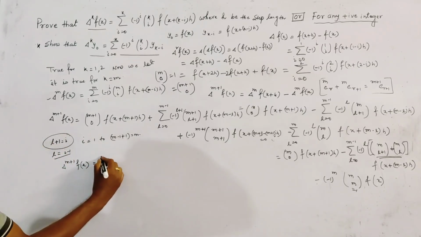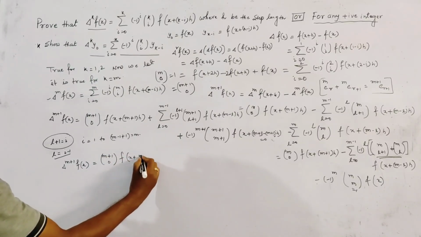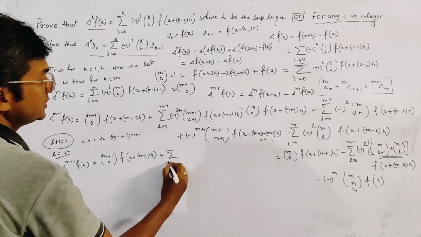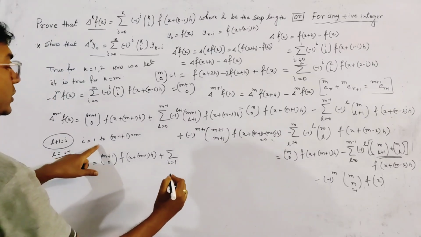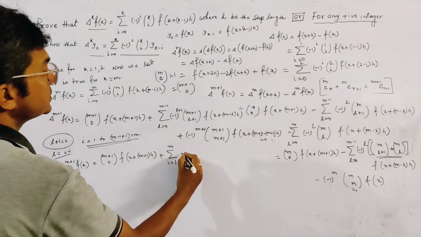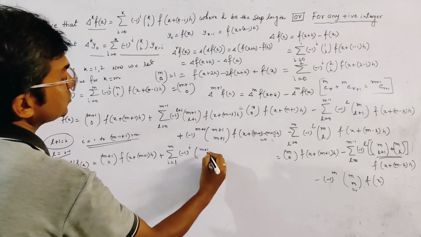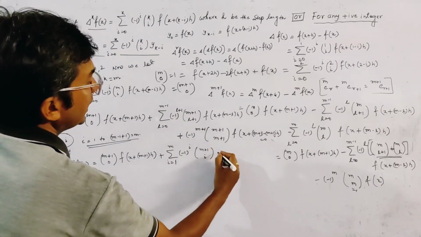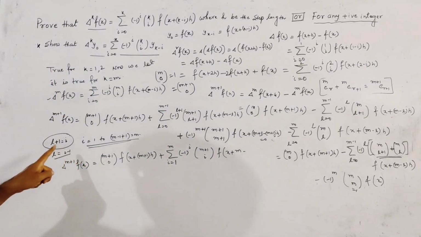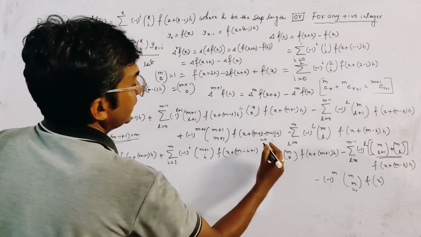This is equal to, the first term is the same, m plus 1 c 0 into f of x plus m plus 1 into h, plus summation I equal to 1 to m, because L equal to 0 to m minus 1, as we already said here, and this is minus 1 to the power I, because L plus 1, and this is m plus 1 c I, f of x plus m minus L, with L equal to I minus 1, so I plus 1 into h.